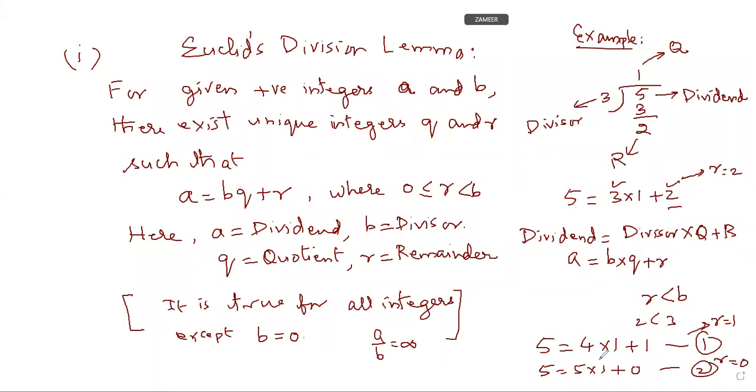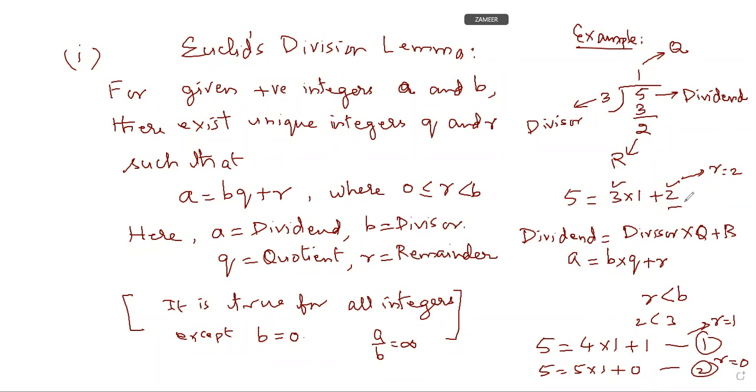And one more very important thing: we are going to apply the division lemma to find the HCF of two positive numbers. If you see here, 5 can be written as 5 into 1 plus 0, 4 into 1 plus 1, and 3 into 1 plus 2. So here you are getting the value of r.